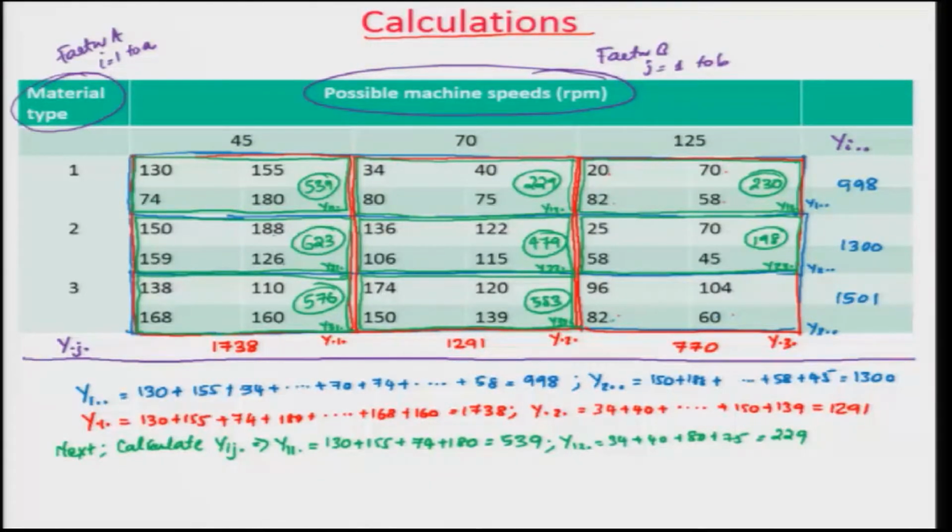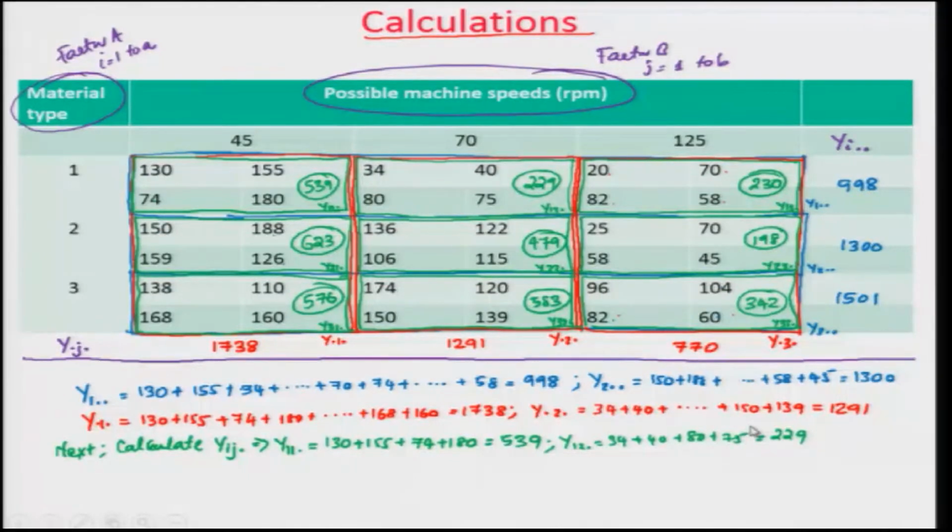Then the last one is y 3 3 dot for this cell, sorry, my bad, and we get these values summed to 342. So now we know how to calculate this many values.